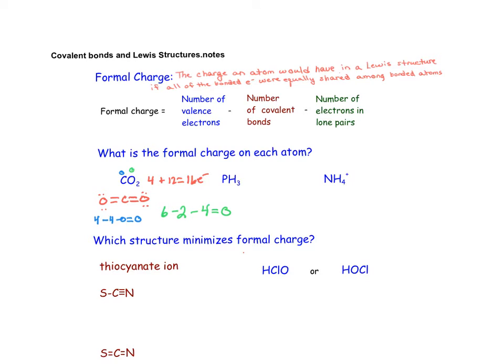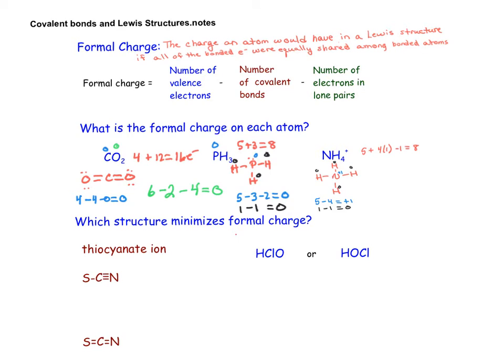So you try the PH3 and the NH4. Start with drawing the Lewis diagram and then calculate formal charge for phosphorus and hydrogen. So pause, and when you're ready to see the answers, start it again.